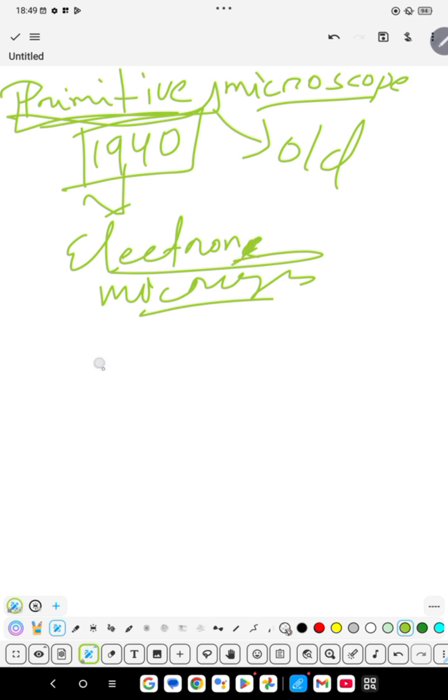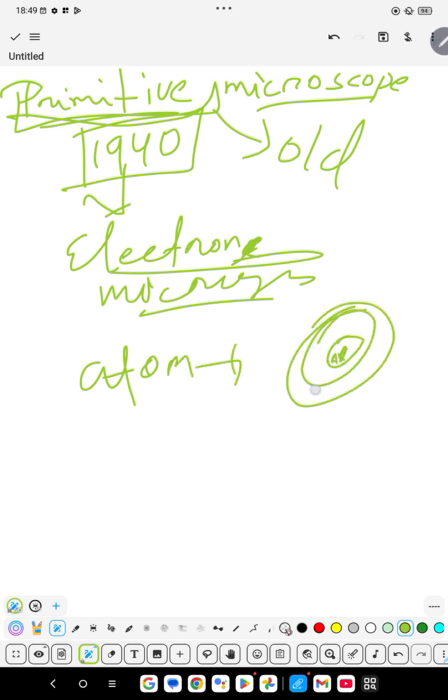With it we could not go very deep into the cell, which is why it took so many years to see whether anything is present inside the cell. Is the cell final, like an atom, where we see protons, neutrons and electrons revolving, right? So like this, there are subatomic particles. So is there anything present inside the cell?